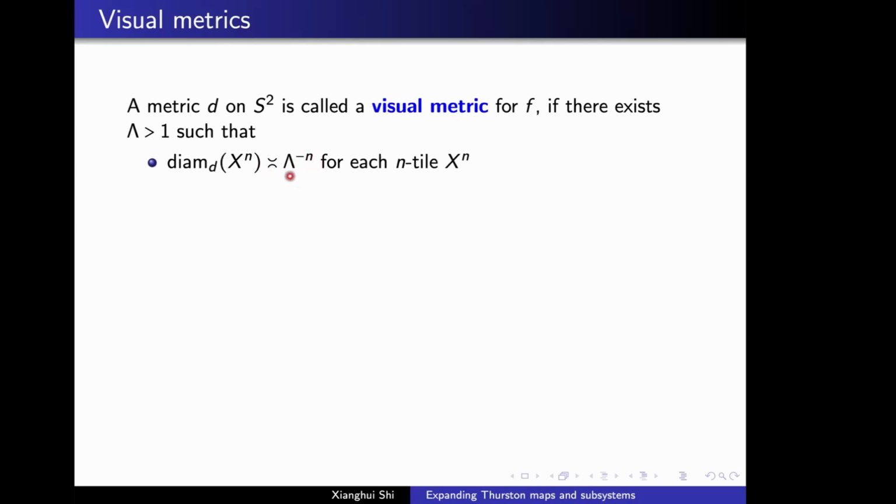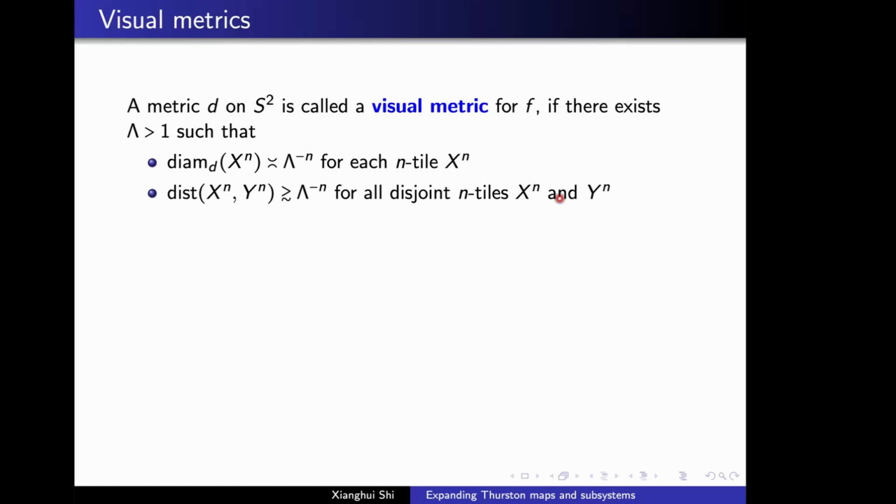Here, the constant is independent of the choice of n-tile and the levels. Secondly, for all disjoint n-tiles X^n and Y^n, their distance is bounded from below by this factor lambda to the power of n. And similarly, here the constant is independent of the choice of tiles and levels.